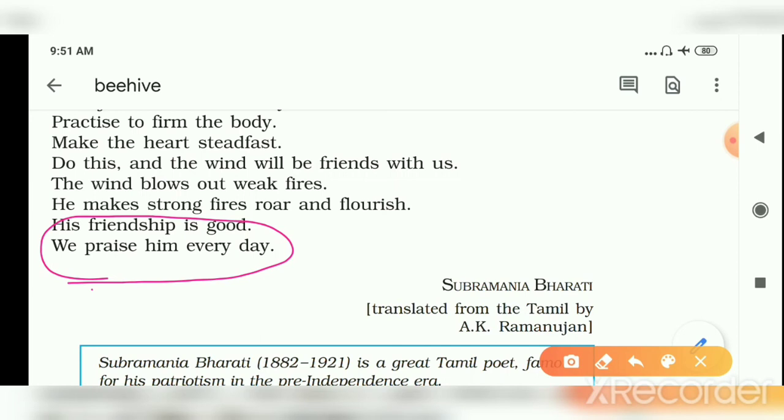In this way, in this entire poem, we have completed the different characteristics of wind and how the poet Subramanyam Bharati explained it in English and A.K. Ramanujan explained it in his colloquial, dialectal language, Kannada.